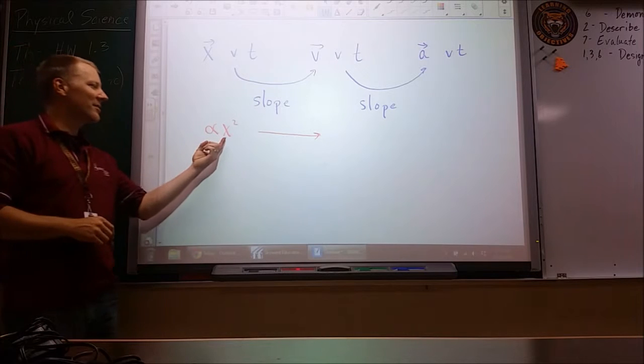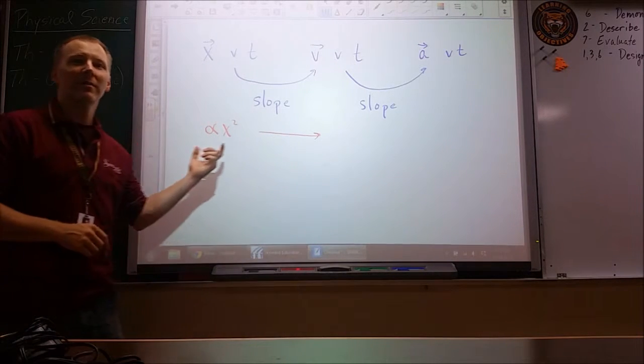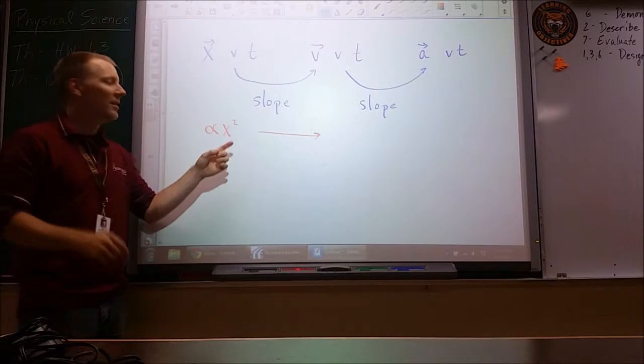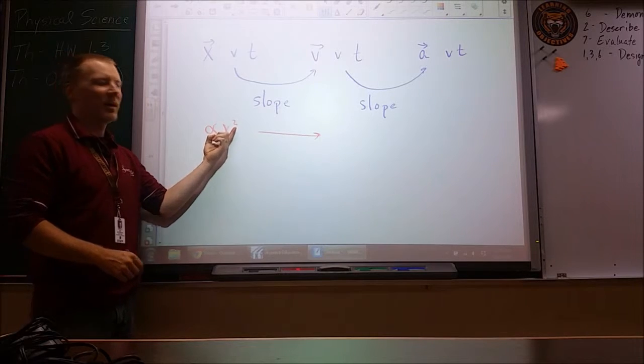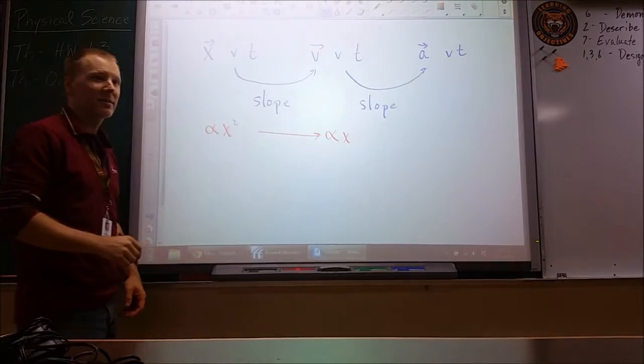What happened to this kind of function when we find the slope? It's using a derivative, but essentially finding the slope. It goes to linear. We decrement this exponent by 1. So this would be proportional to x.